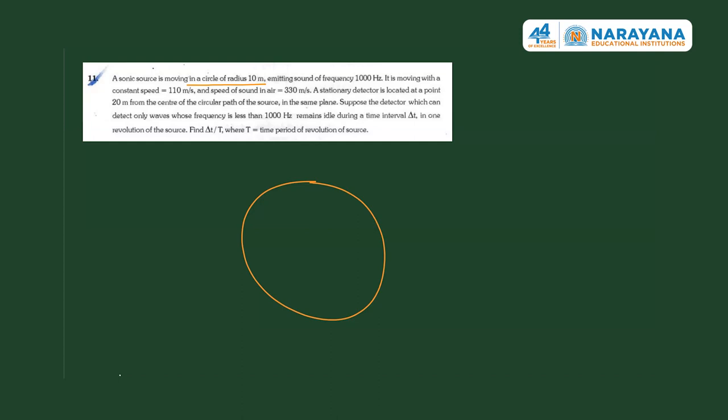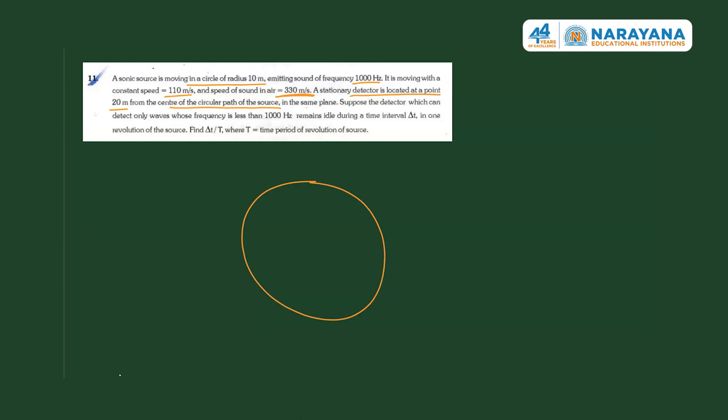It is emitting sound of 1000 hertz while it is moving with a constant speed of 110, and the speed of sound in air is 330 meters per second. Now there is a stationary detector located at a point 20 meters from the center of the circular path of the source.